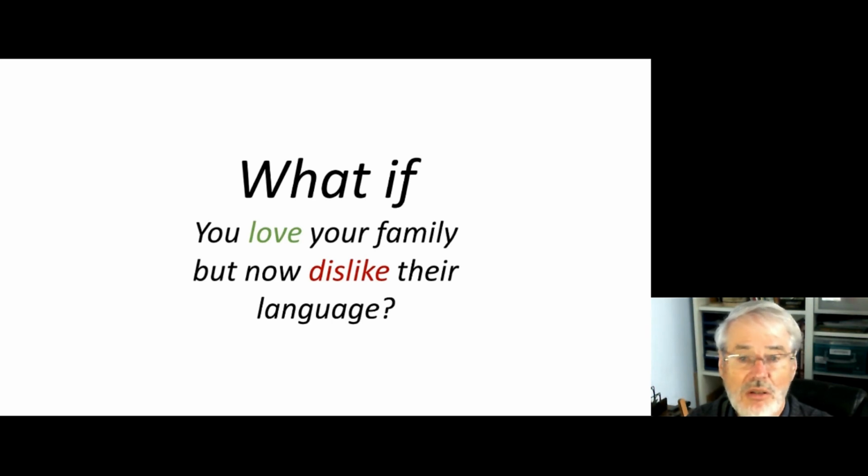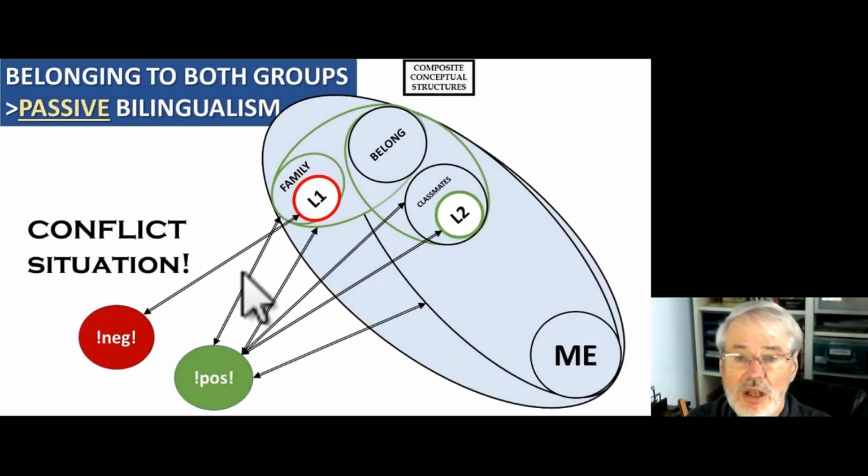So when you go home, you can't help understanding the language. There's no choice. If it's spoken to you as normal, as always happened by your family, you will of course understand it, but you will react differently, because now your L1 has a negative value. It will no longer outrank the L2.